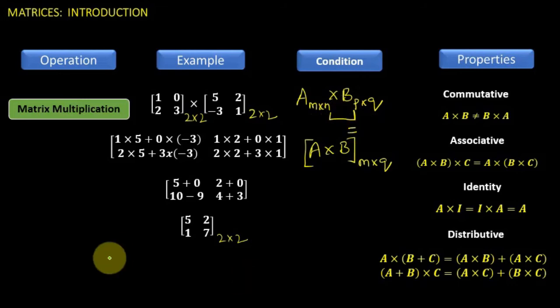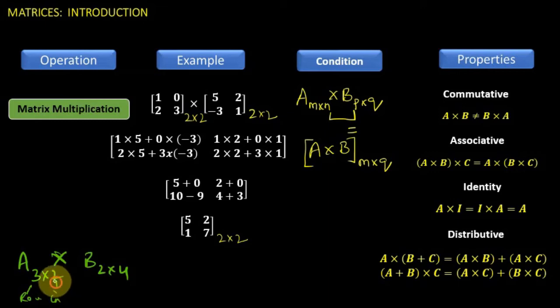For example, suppose there is a matrix A of order 3 cross 2, right, and matrix B of order 2 cross 4. Is it possible to multiply these two matrices? Means I should check here. See, this is the number of rows, here this is the number of columns.